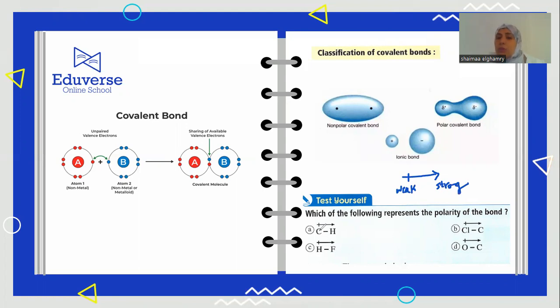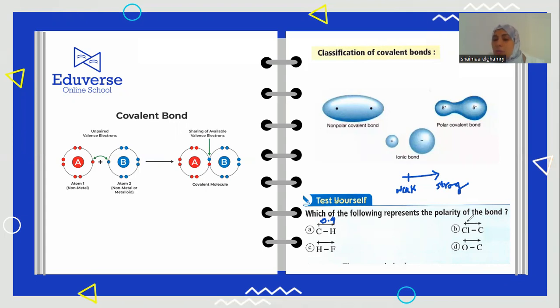The bond between carbon and hydrogen: the difference in electronegativity between carbon and hydrogen is 0.4, so it's a non-polar covalent bond. The bond between chlorine and carbon is a polar covalent bond.